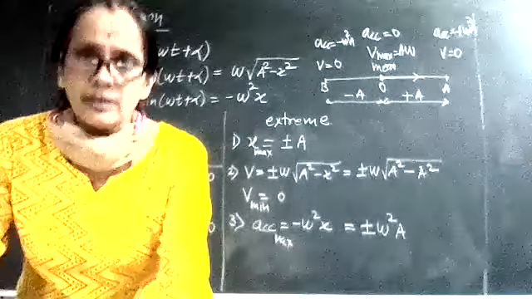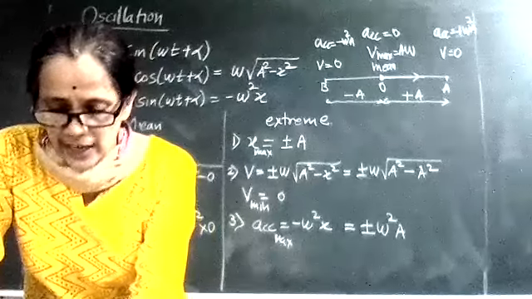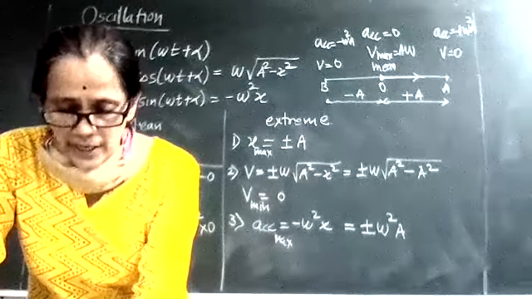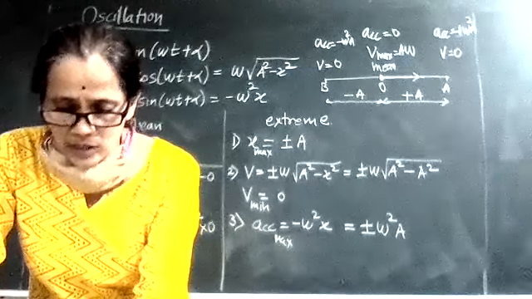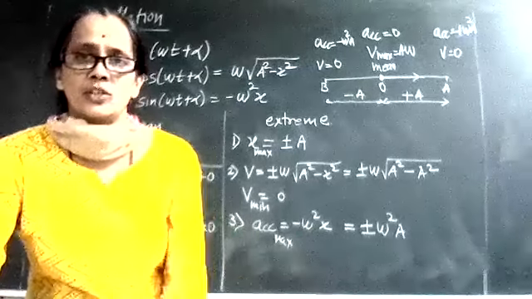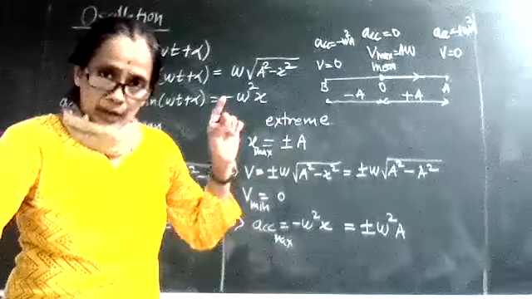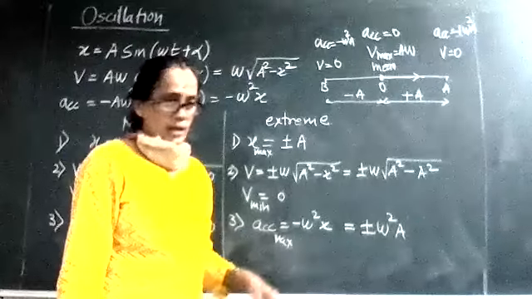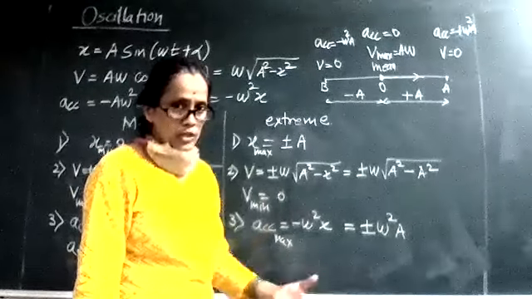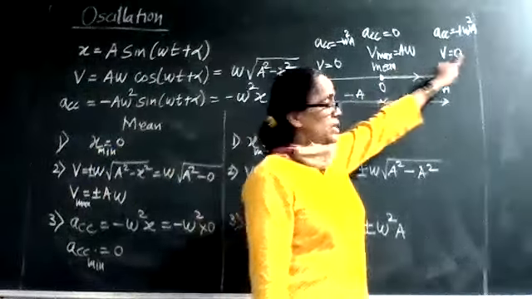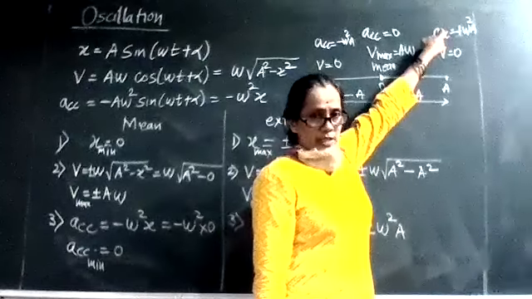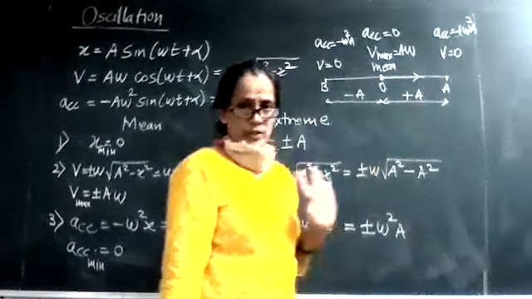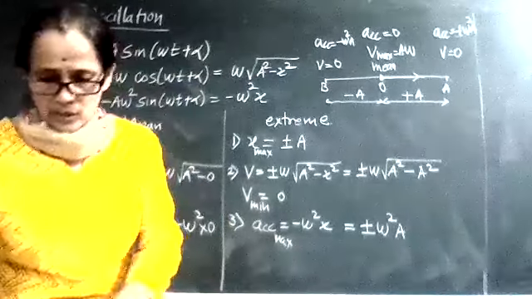State at which point during an oscillation, the oscillator has zero velocity but positive acceleration. Zero velocity, positive acceleration. Which point is that? Positive extreme point. Clear? Next question.